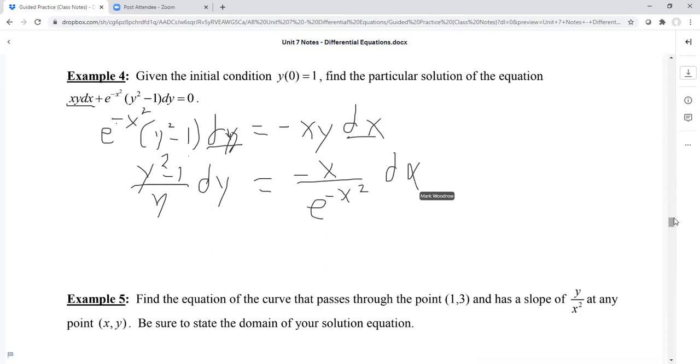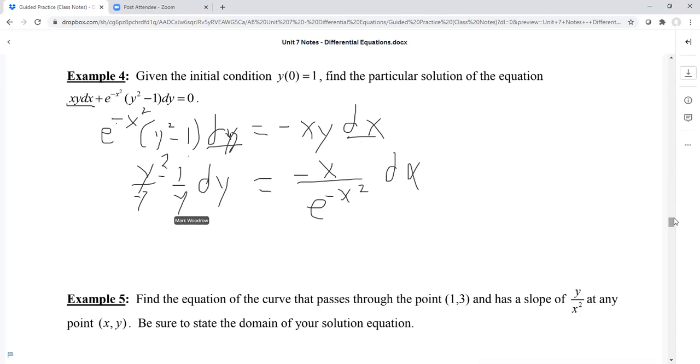Now on the left side, I have a monomial, so I would need to split that up into two denominators, which I'm going to do right now. So we've got this minus here, and then a y under here and a y under there.